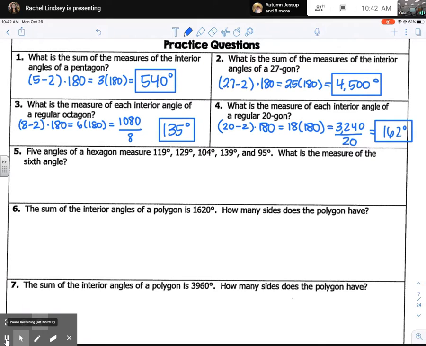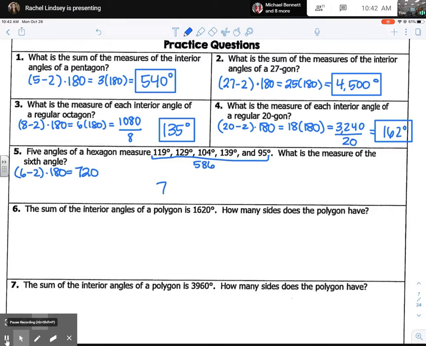So the 5 angles of a hexagon are 119, 129, 104, 139, and 95. What's the measure of the 6th angle? We have a 6-sided shape, so 6 minus 2 times 180 gives you 720. Then those 5 add to equal 586.